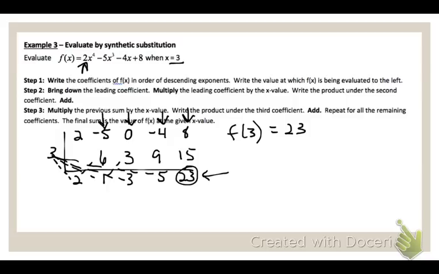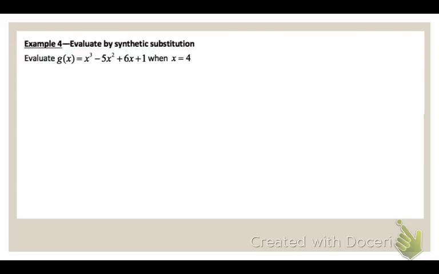We're going to try this again a couple more times. Alright, let's look at example 4 and use that synthetic substitution. So we're plugging in 4 into this cubic polynomial. So I'll start with my coefficient of the x cubed term, which is 1. X squared is negative 5. 6 is the coefficient for just x, and then 1.